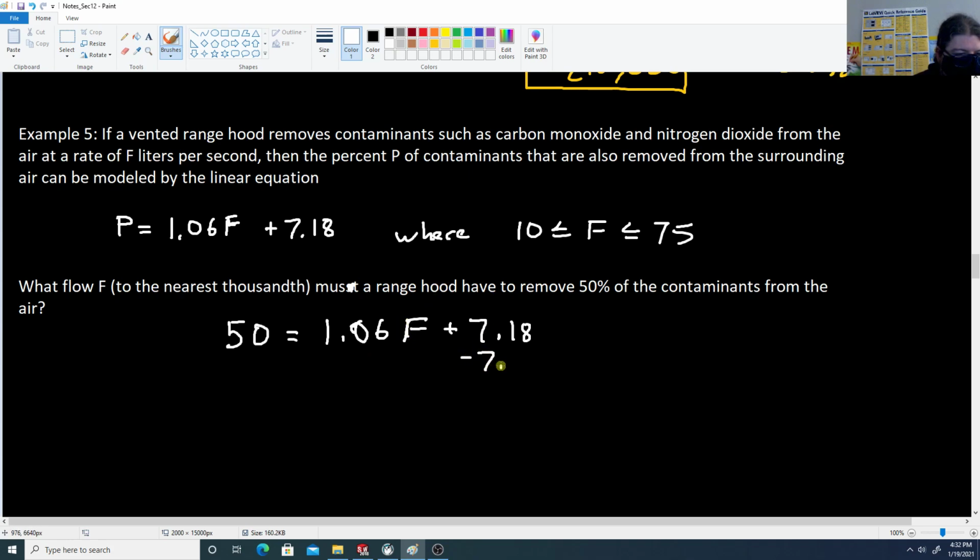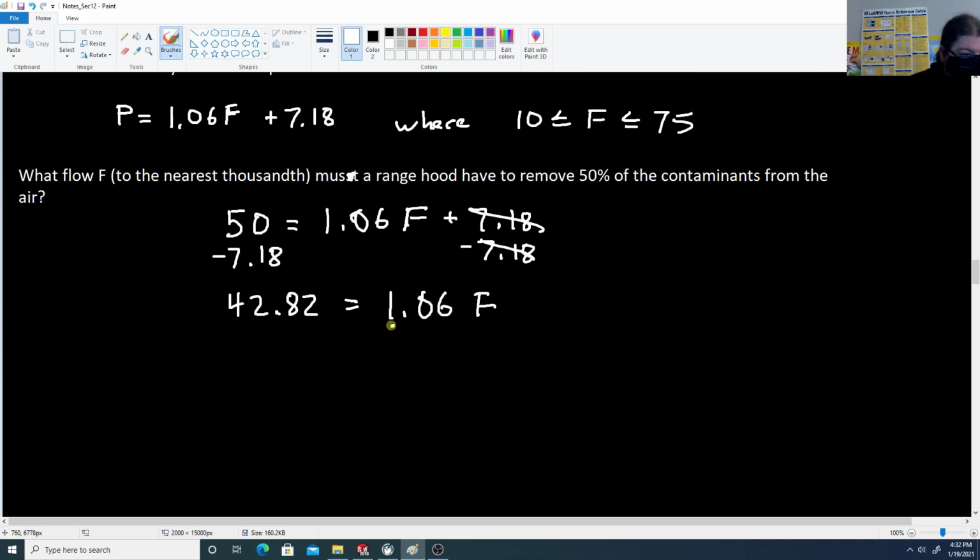So we'll subtract 7.18 from both sides. So it cancels there. We get 50 minus 7.18, which is 42.82. That equals 1.06 times the flow rate. So then we say, all right, let's divide the 1.06 across.